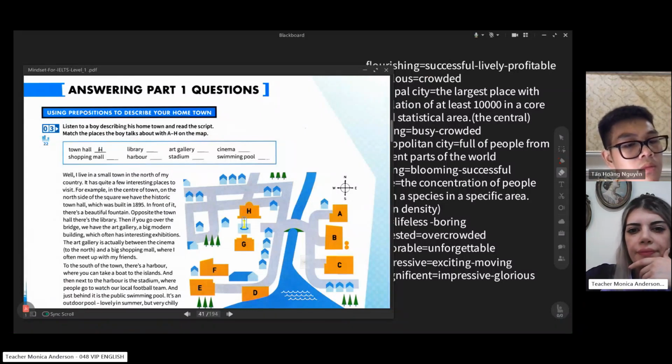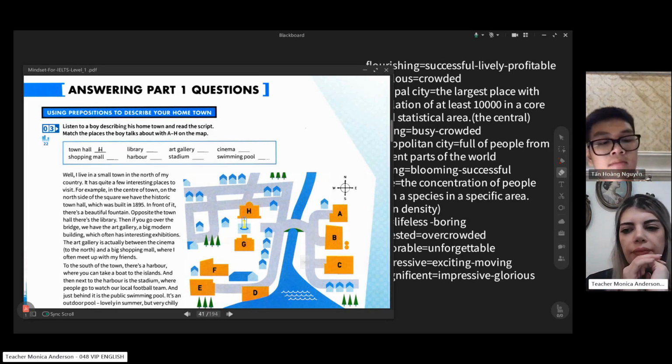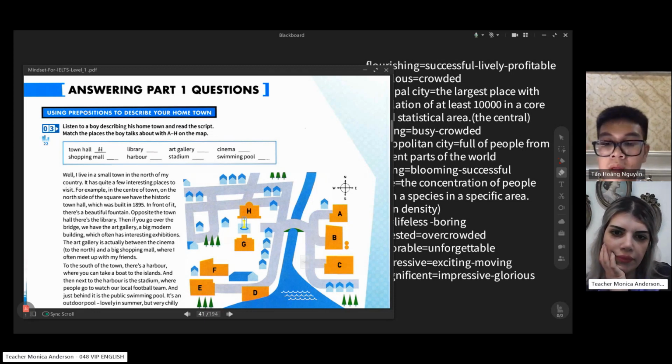The art gallery is actually between the cinema to the north and a big shopping mall, where I often meet up with my friends. To the south of the town, there's a harbor, where you can take a boat to the islands. And then next to the harbor is the stadium, where people go to watch our local football team. And just behind it is the public swimming pool. It's an outdoor pool, lovely in summer, but very chilly the rest of the year.